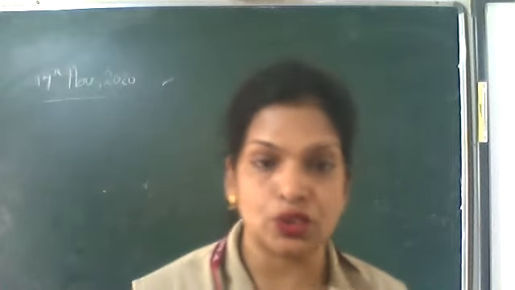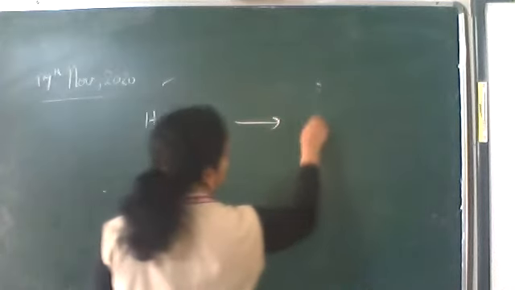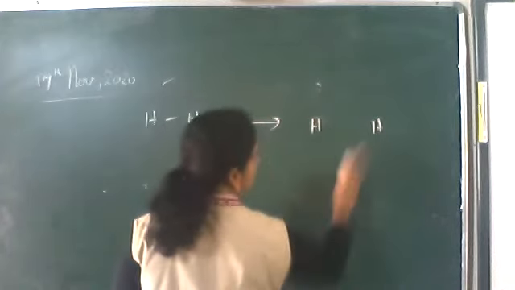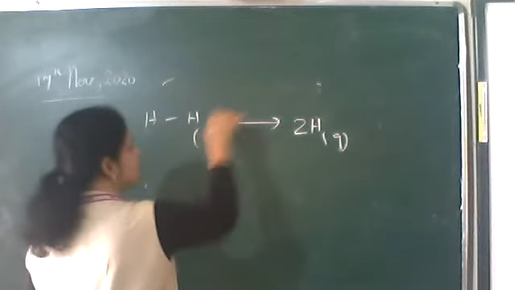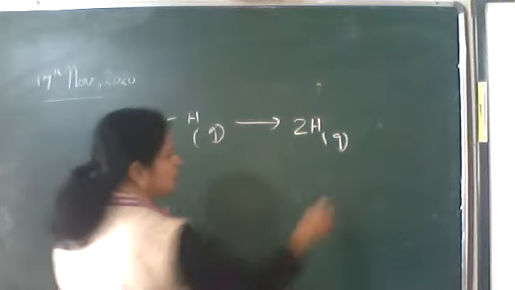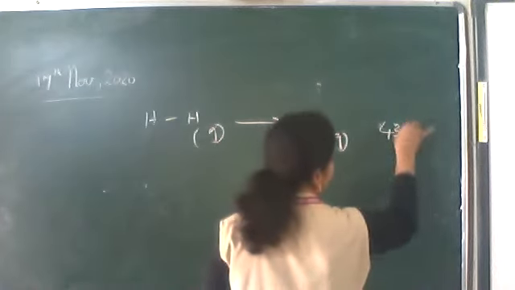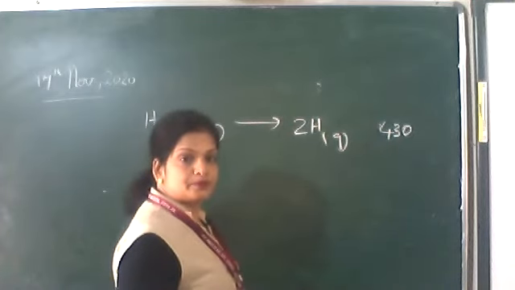For example, H2. From H2, how can you make H atoms? H bond H. You are making it as H and H. I'll be writing 2H gaseous state. So how much amount of energy is required? That is called enthalpy of atomization. You know that 30 kilojoules of energy is required for this conversion.